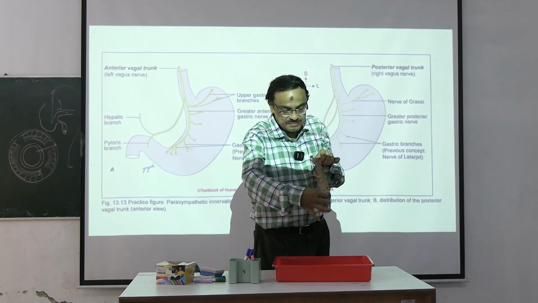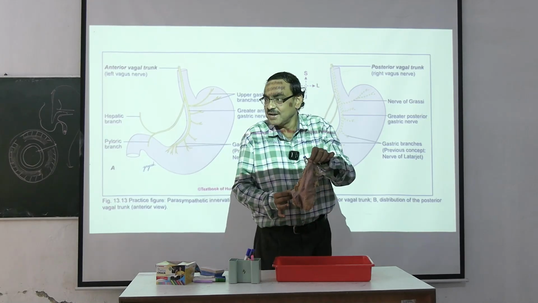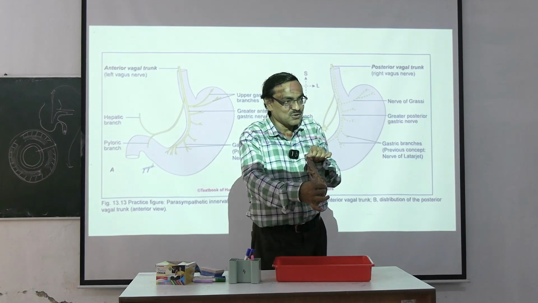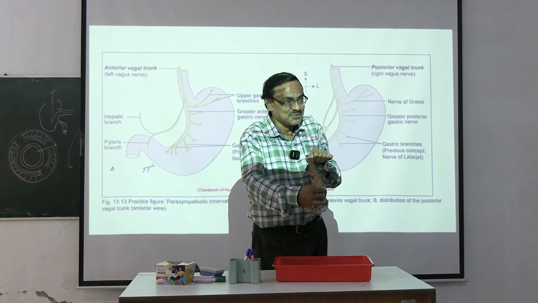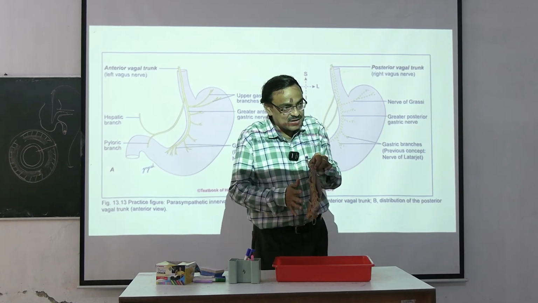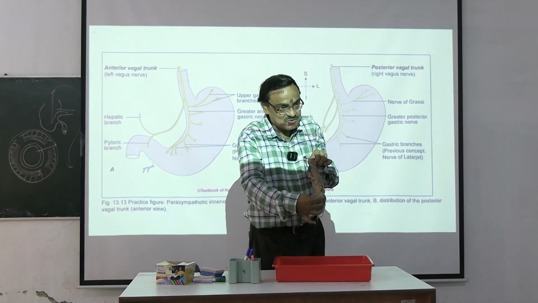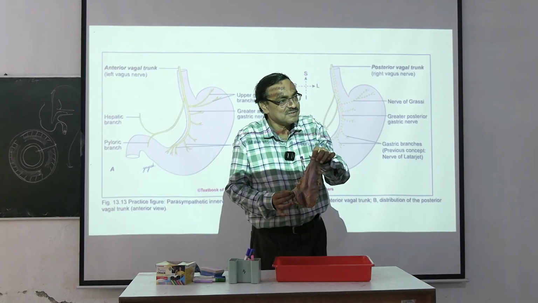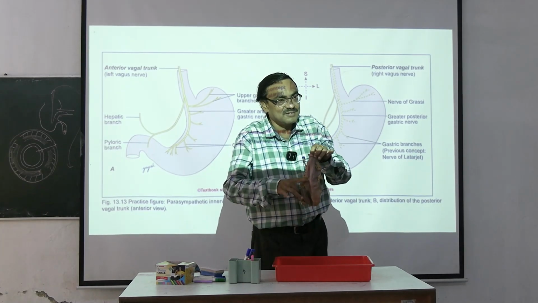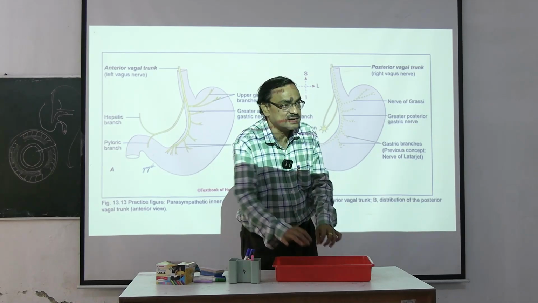Due to rotation of the liver, it rotates the stomach. So you can see this is the right vagus, and here we are getting the left vagus. So right becomes the posterior, and left becomes the anterior.